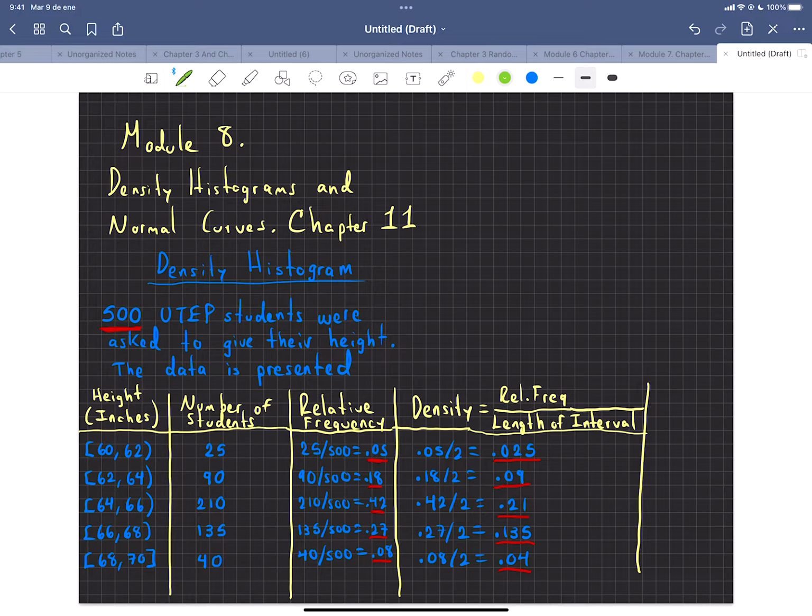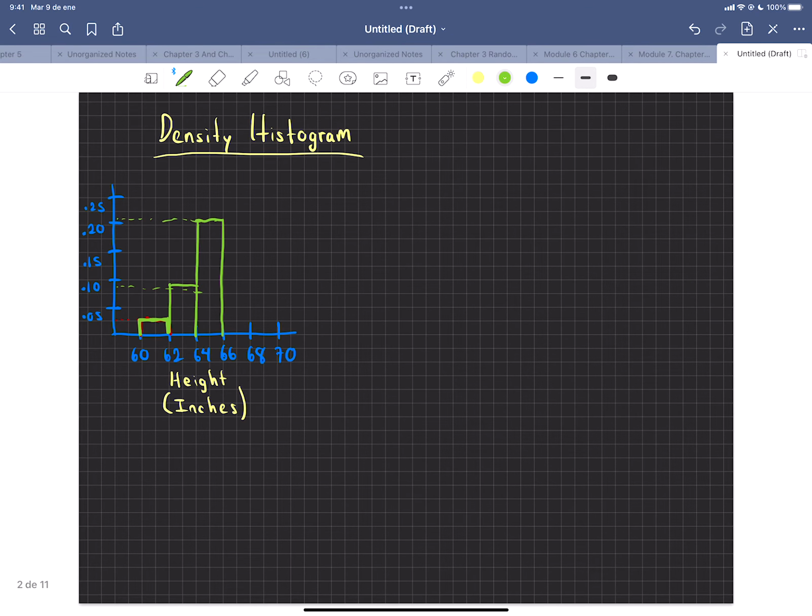From 66 to 68, 0.125 is approximately here.